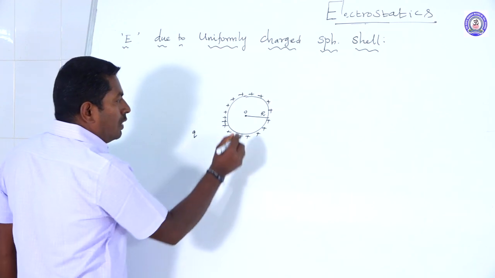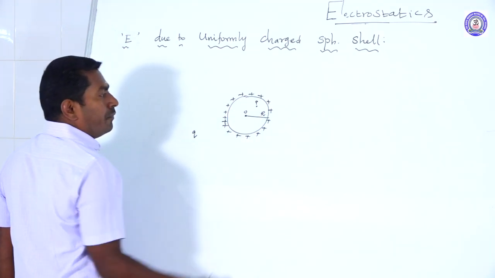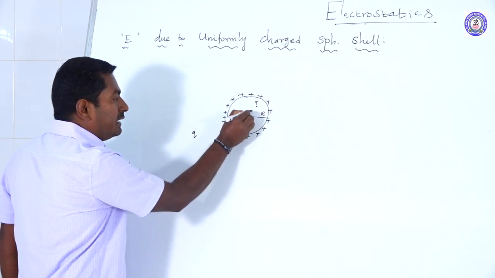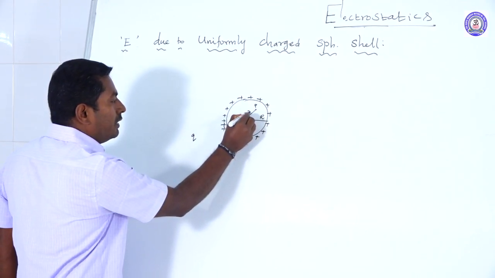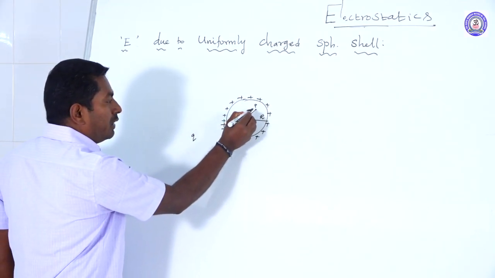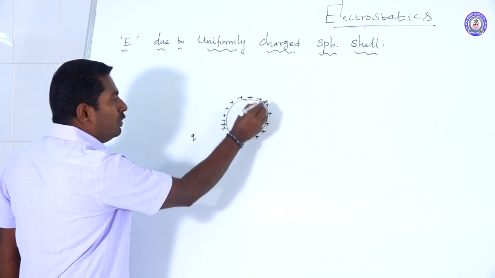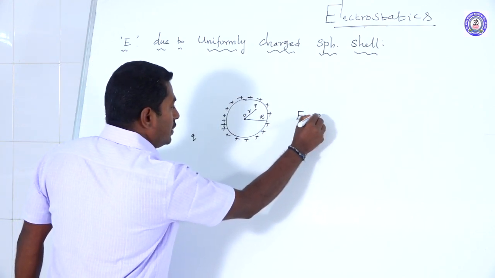Let me assume one point inside the shell, P. Distance of the point P from the center of the uniformly charged hollow spherical shell is r. Our aim is to determine the electric field at this point P inside the uniformly charged spherical shell, E, which is equal to 0.